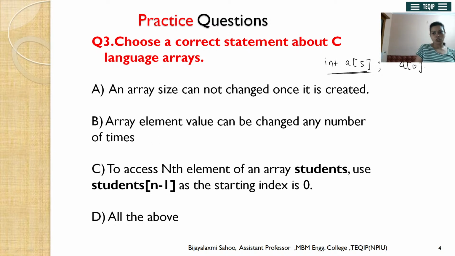If my A of 0 equals 12, I can make it A of 0 equals 13, or I can make it A of 0 plus plus. So I can change it any number of times, so array elements can be changed. To access the nth element of an array, the index must be n minus 1. Yes, it is true. So it is all of the above.